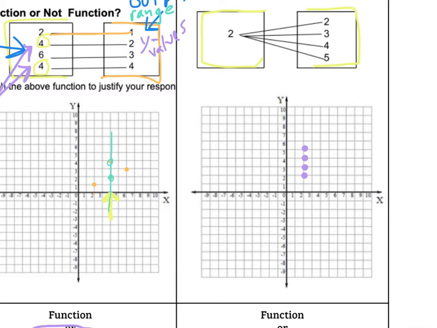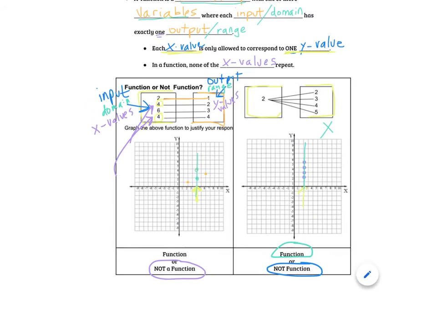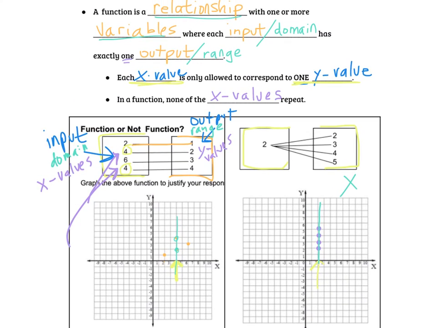The input of 2 has too many outputs. Look at all of those outputs. If I dropped a line down here, you can see like an undefined line. The input of 2 has 4 outputs. So this is also not a function. To be a function, it must have a one-to-one relationship. So none of these are going to be functions.